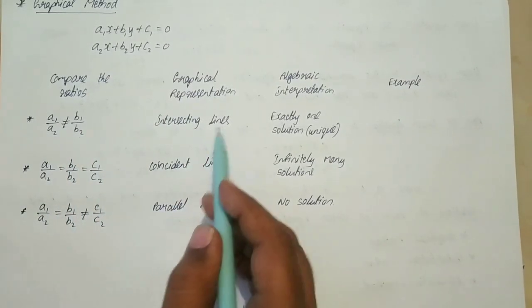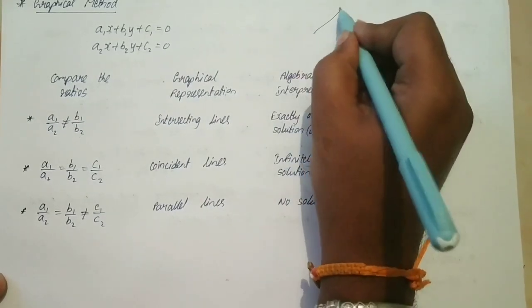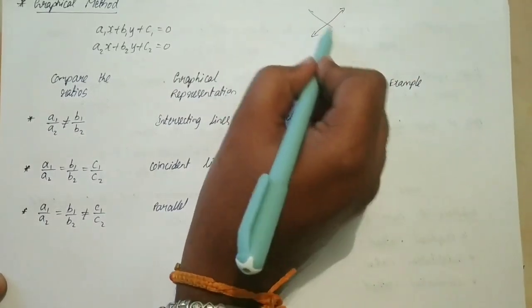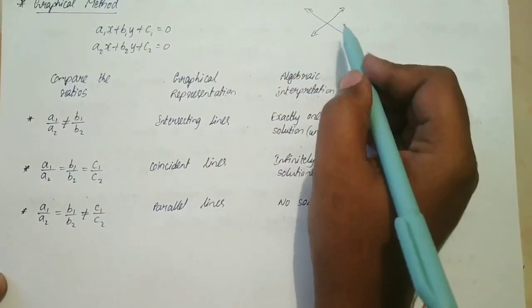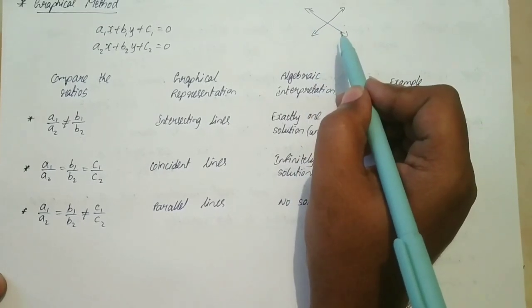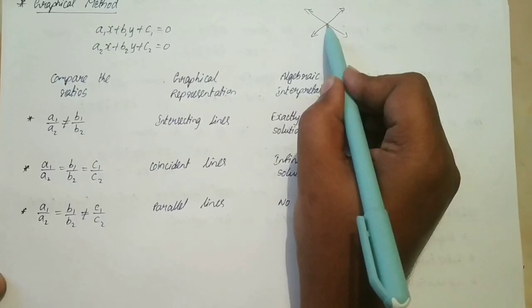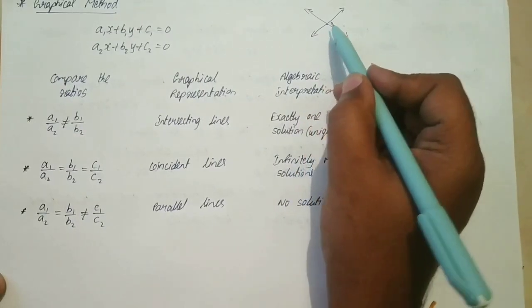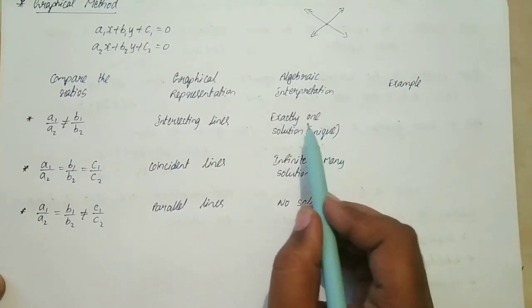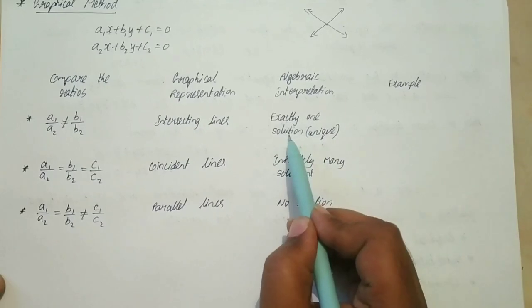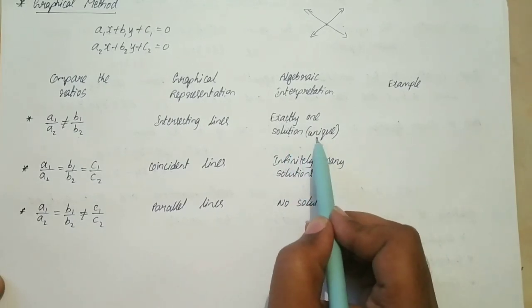You know what intersecting lines are. Suppose this is a line, and one more line cuts that line, then we call these intersecting lines, right? So how many intersecting points do we have here? One point, right? So this is the solution for those equations. So we have exactly one solution, which we also call a unique solution.